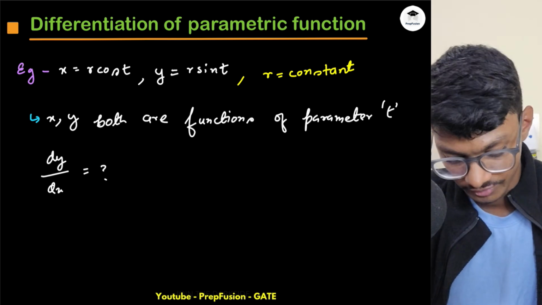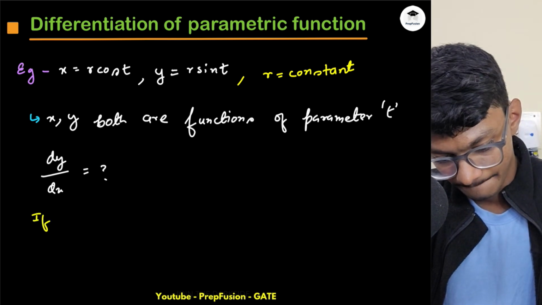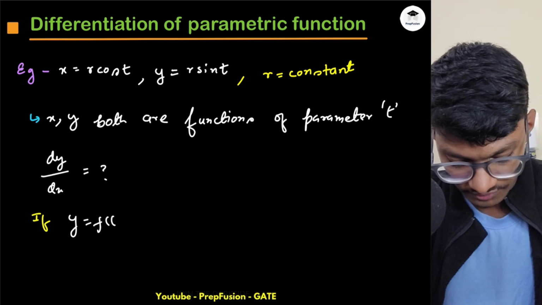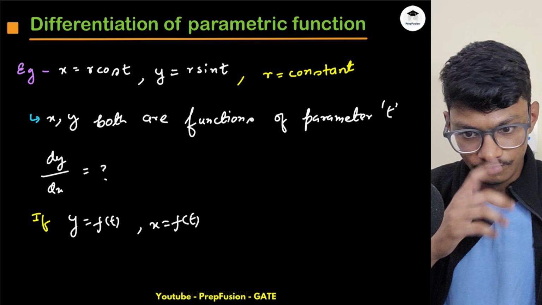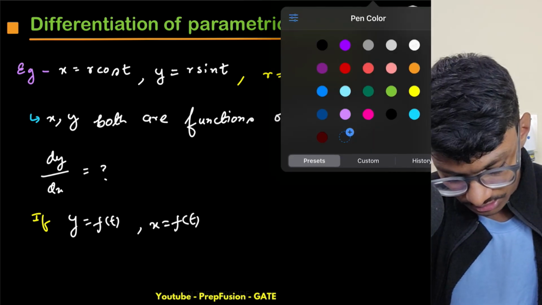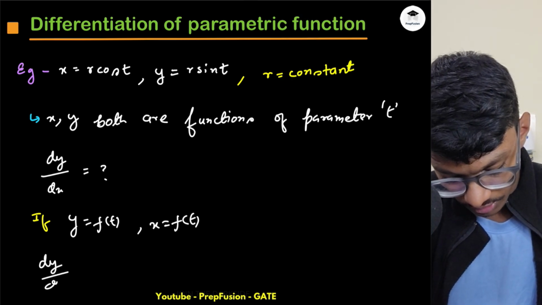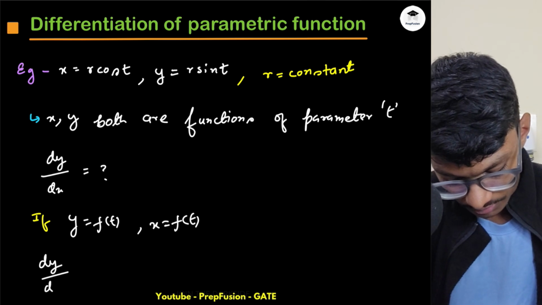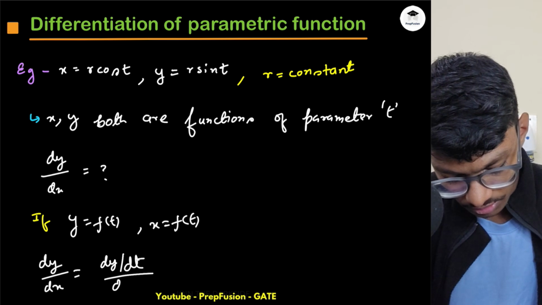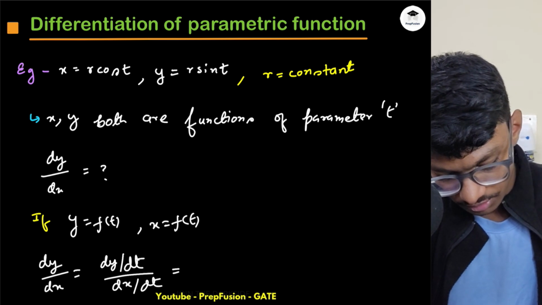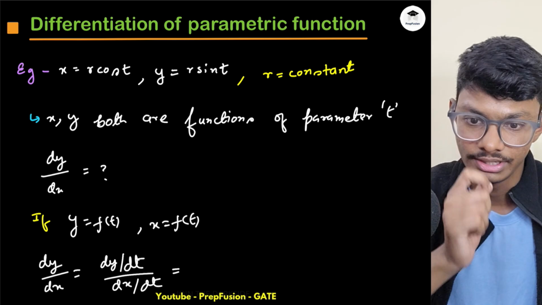So here I will write a few things. If my y is a function of t and my x is a function of t, I have to find dy upon dx. I can simply do dy upon dt upon dx upon dt. So dt gets cancelled and I have dy upon dx.